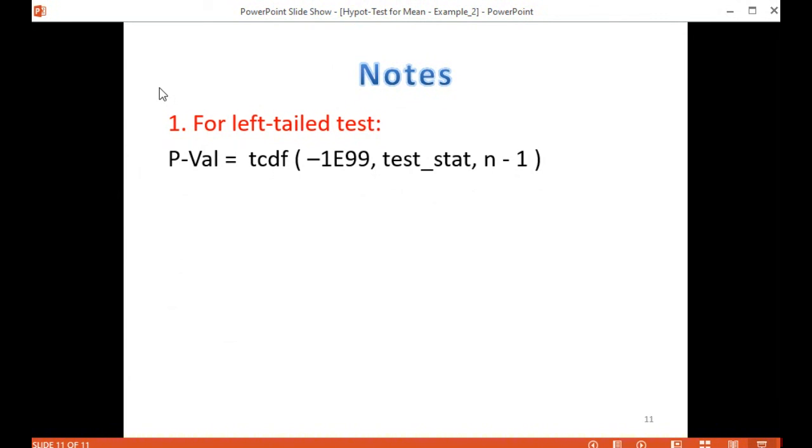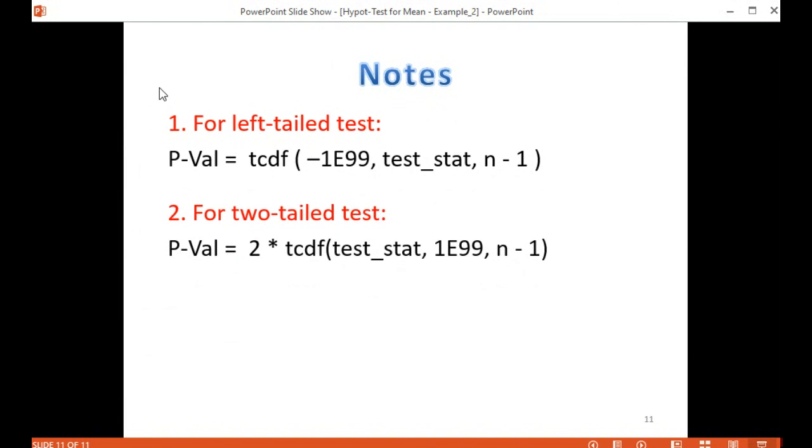You need to include the n-1 because you need the degrees of freedom included. For two-tailed tests, you would find from the test statistic to 1E99. Again, you're going to need the n-1. And this time you multiply by 2 because you need one piece on the right and one piece on the left.